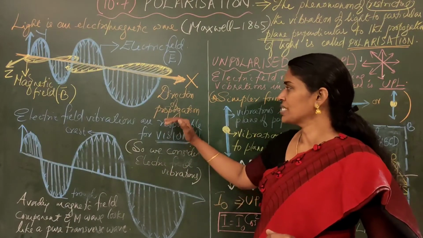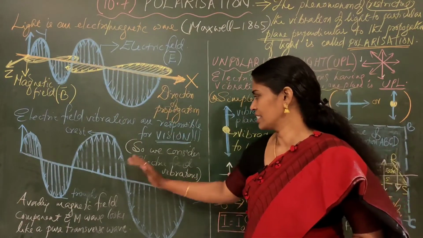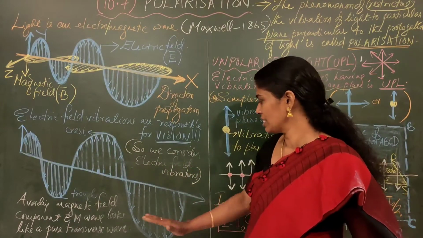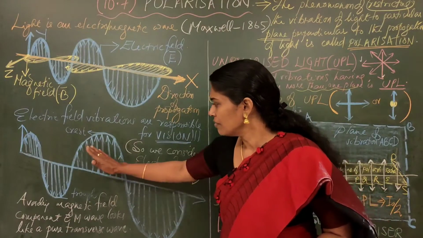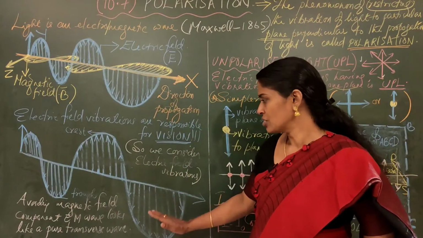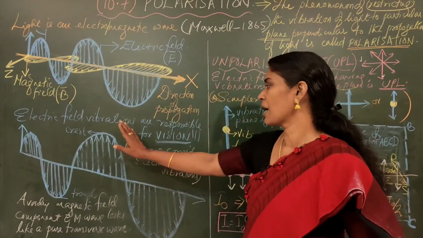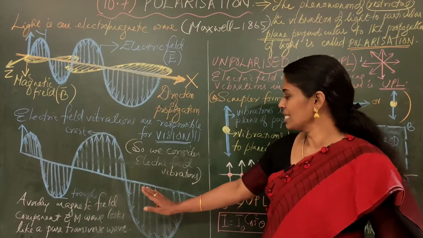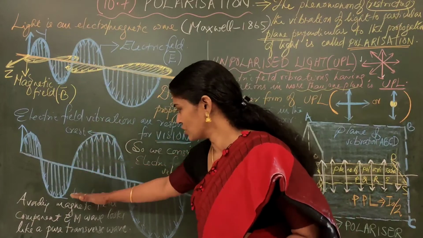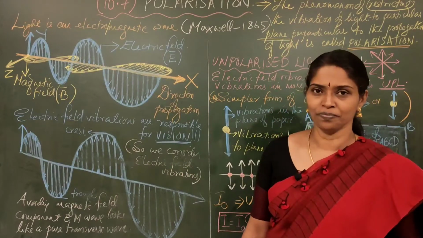So we are restricting our attention to the electric field vibrations alone. Avoiding the magnetic field component, the electromagnetic wave looks like a pure transverse wave, meaning it has crest and trough, vibrating as crest and trough, and so on.